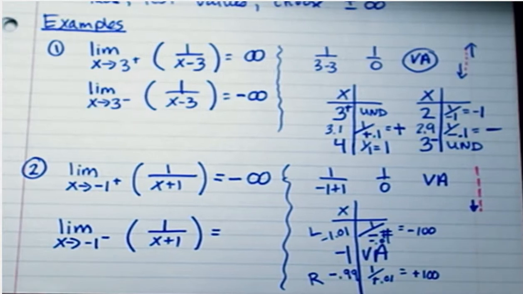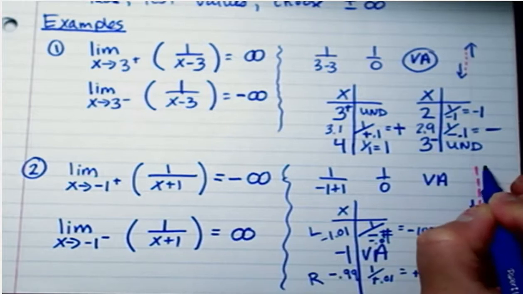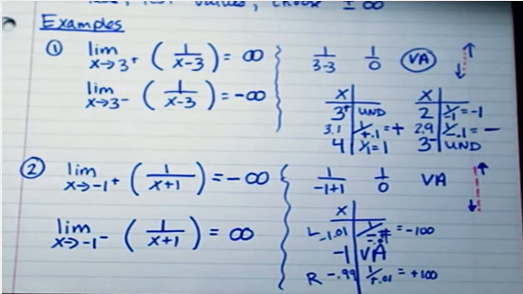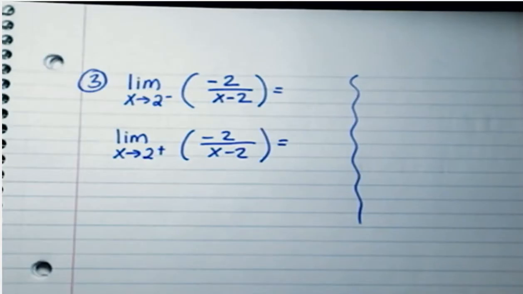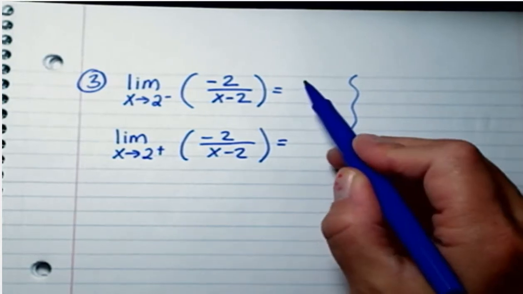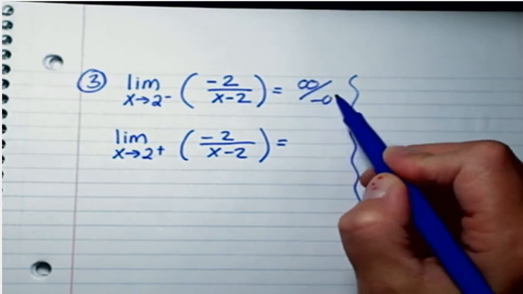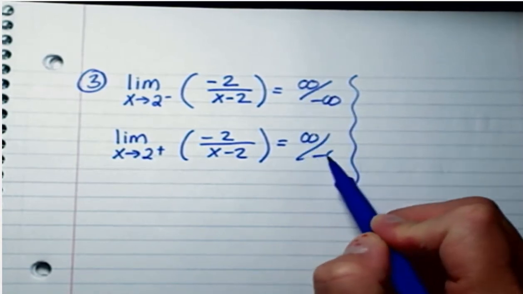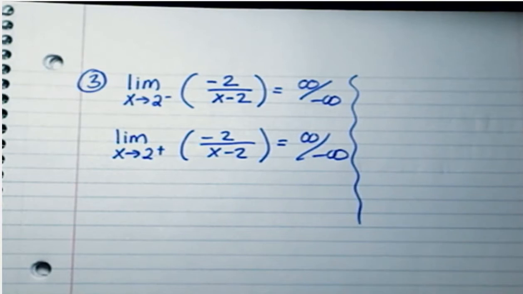See, it's getting bigger and positive. So my answer is positive infinity. So it points up. It's 50-50. It's positive or negative infinity. You've got to figure out which one.